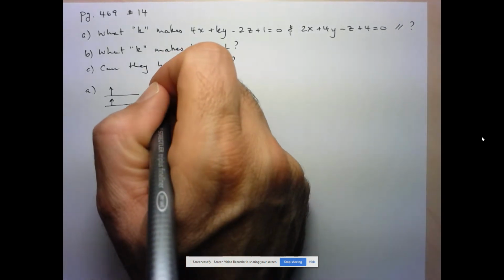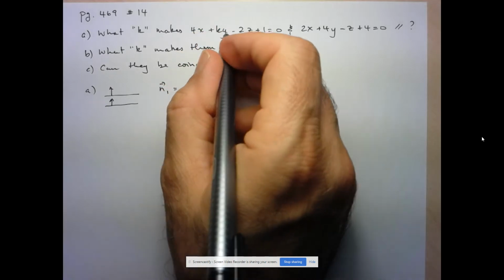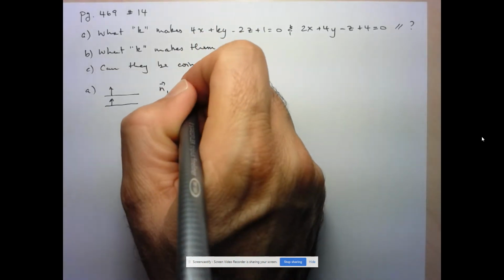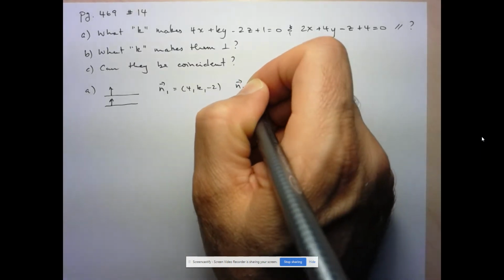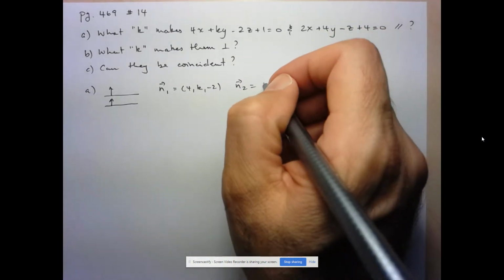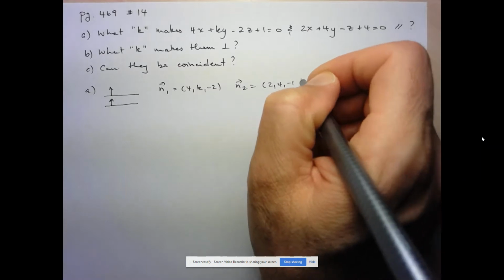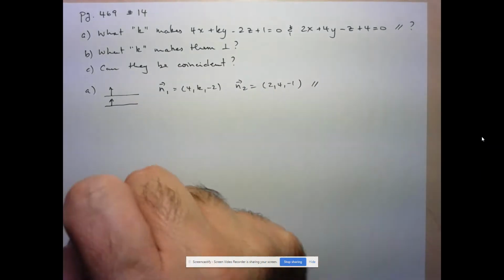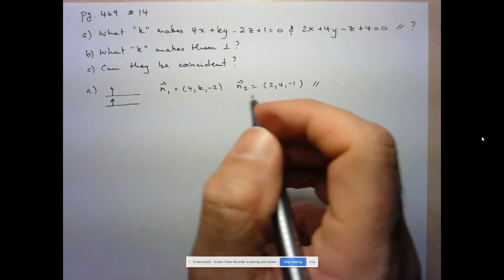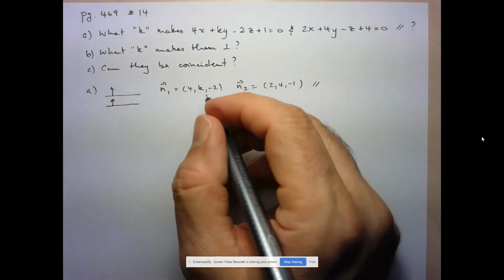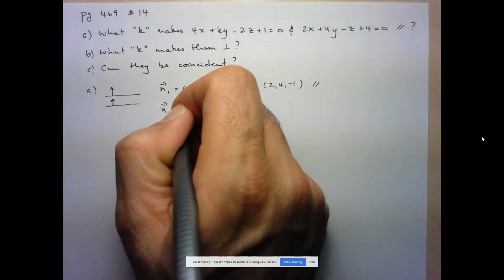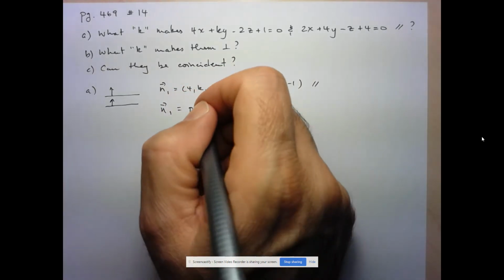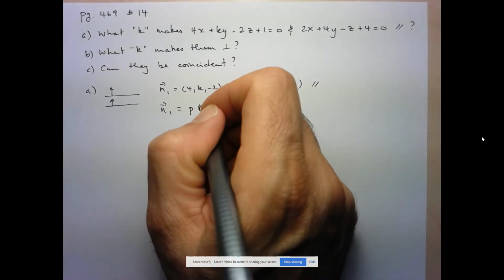Okay, so I just need to determine what k value is going to make these two normal vectors parallel. I need n1, which is 4, k, negative 2, and n2, which is 2, 4, negative 1, to be parallel. I'm not going to use k here since it's already being used, I need to be able to write n1 as some scalar multiple, p, of n2.